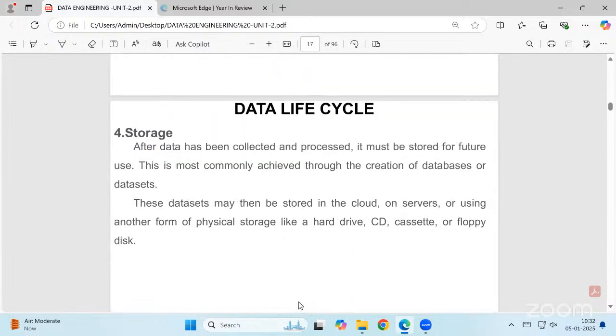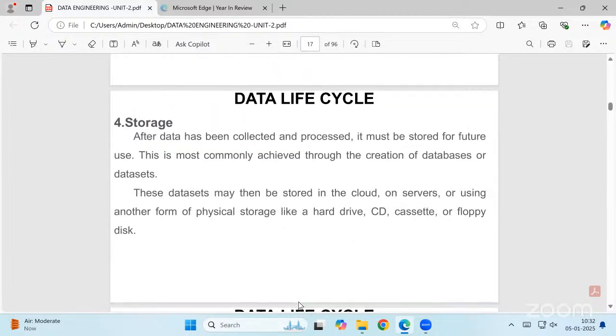Next, storage: where you will store the content. Why do we need to store? It must be stored for future use. That is a data warehouse or a database; we use MySQL for database. For data warehouses we use OLTP and OLAP, and then data lakes for big data.